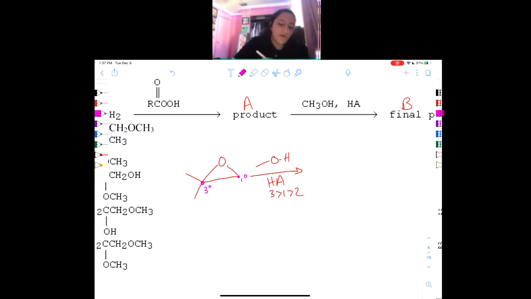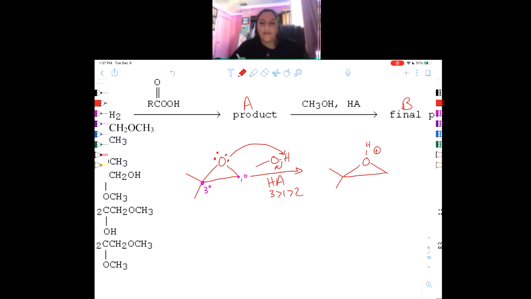Before we actually do any attacking, we're going to do something called the activation step. And we are going to take that hydrogen and we give that a plus sign.